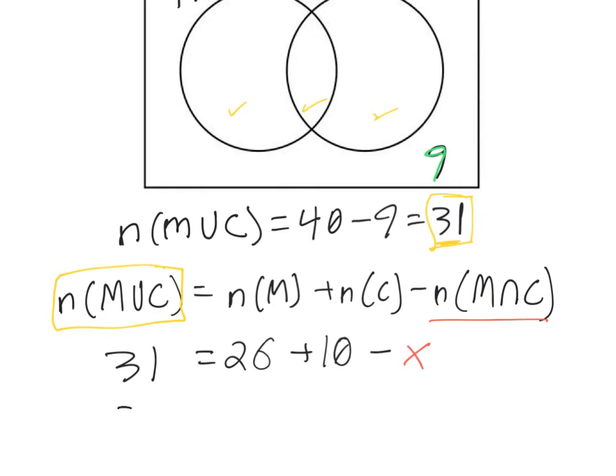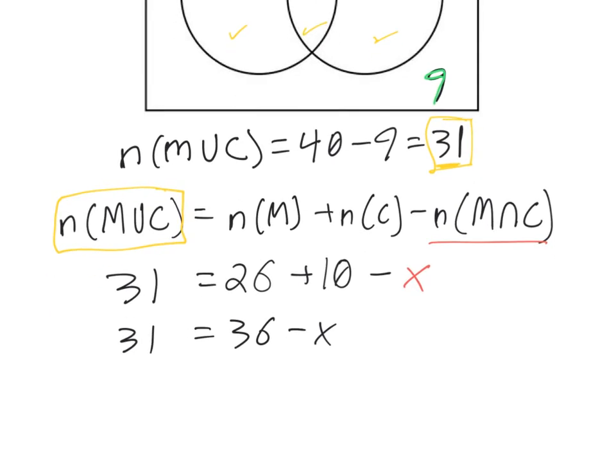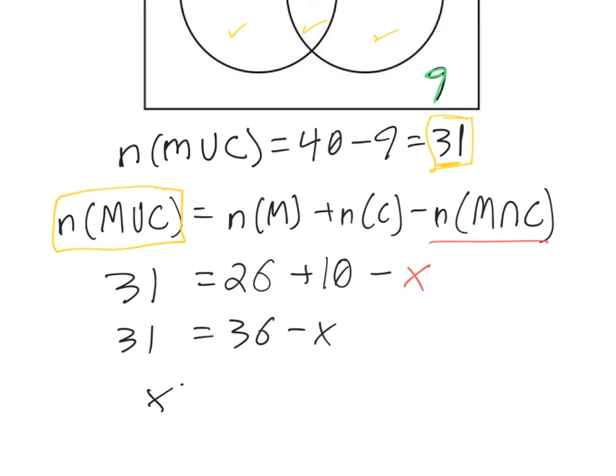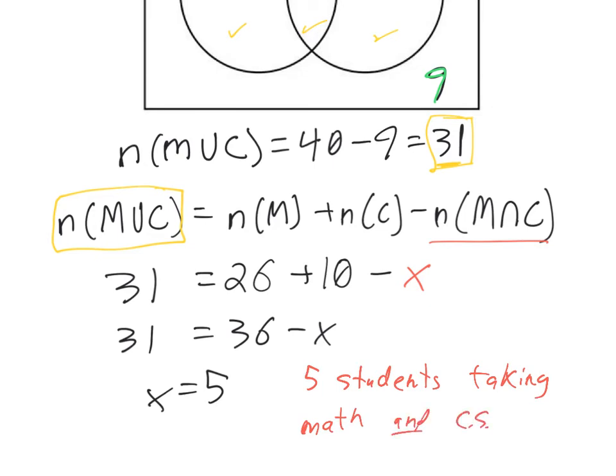So in grouping these terms, we have 31 equals 36 minus x, and we can see pretty easily that x is going to be equal to 5. That tells us we have 5 students who are taking both mathematics and computer science.